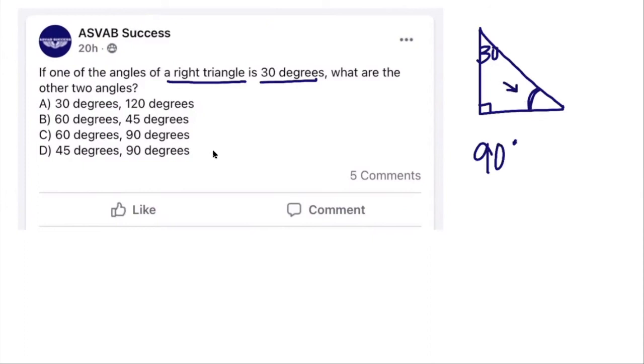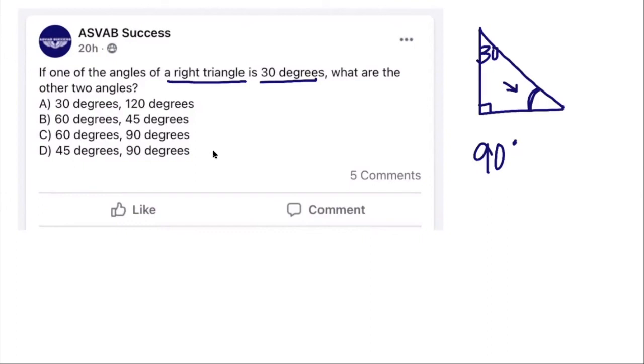All right, so what else do we need to know to be able to answer this question? The other thing we need to know is that all the angles in a triangle always add up to 180 degrees, okay? It could be 20, 140, or 30, 50, 100, okay? All of them have to add up to 180 degrees.